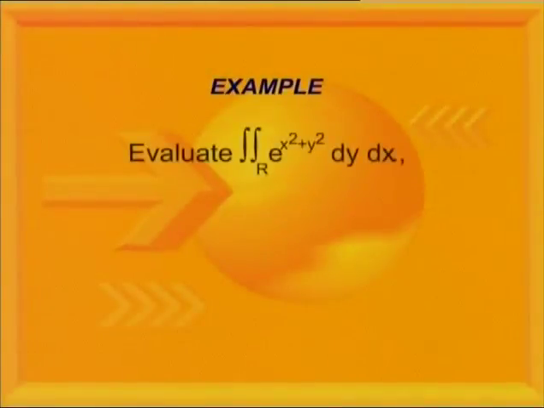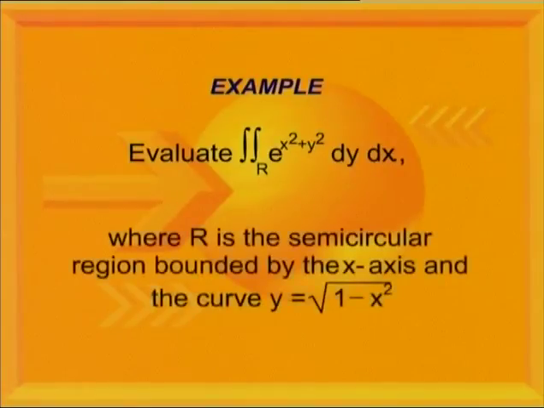Example is: evaluate the double integral of e raised to power x square plus y square with respect to y, with respect to x, over the region R, where R is the semicircular region bounded by the x-axis and the curve y is equal to square root of 1 minus x square.